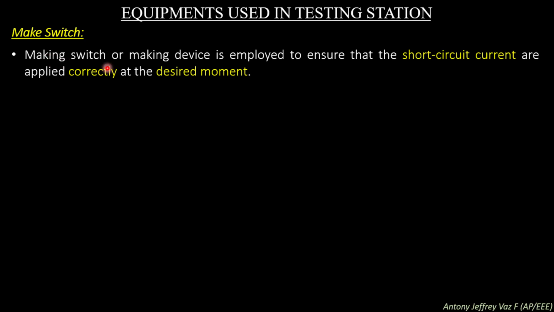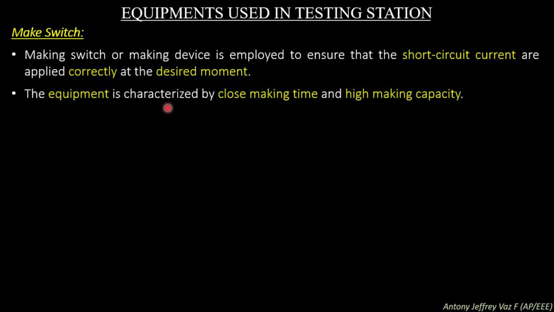Make switch. The making switch or making device is employed to ensure that short circuit currents are correctly applied at the desired moment. So, the timing of applying the short circuit current can be confirmed with the help of the make switch. The equipment is characterized by close making time and high making capacity.